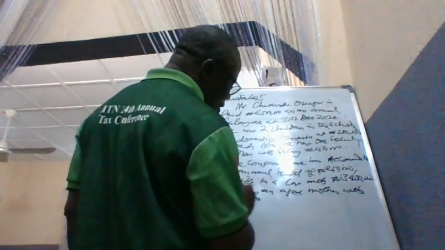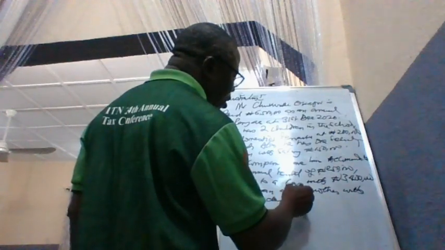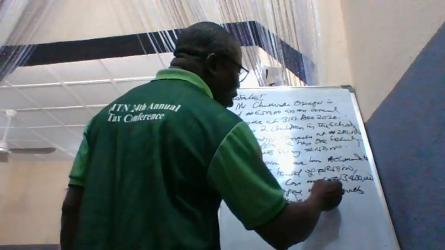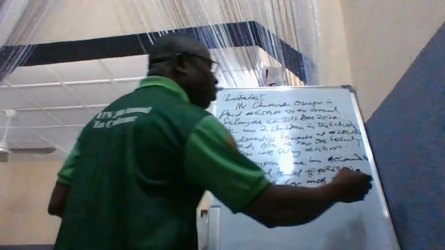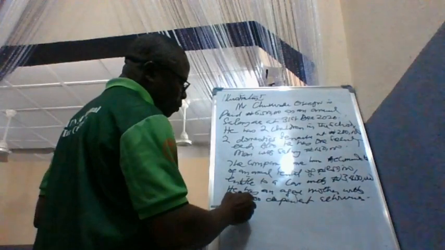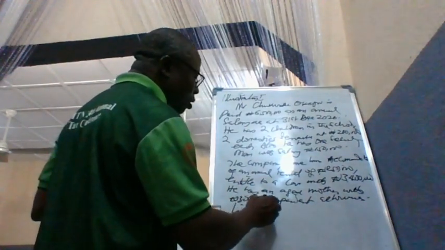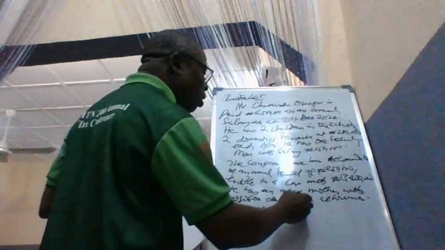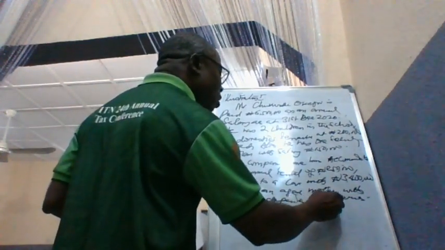That is dependence allowance. And then he paid life assurance of 48,000 naira.